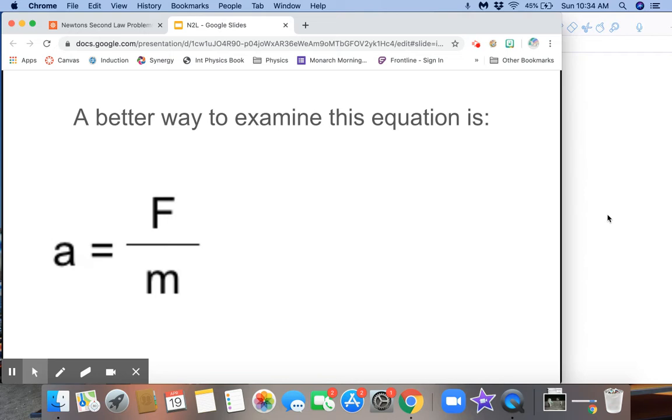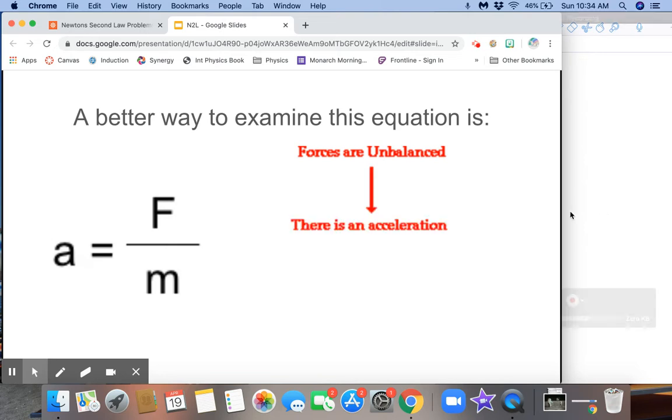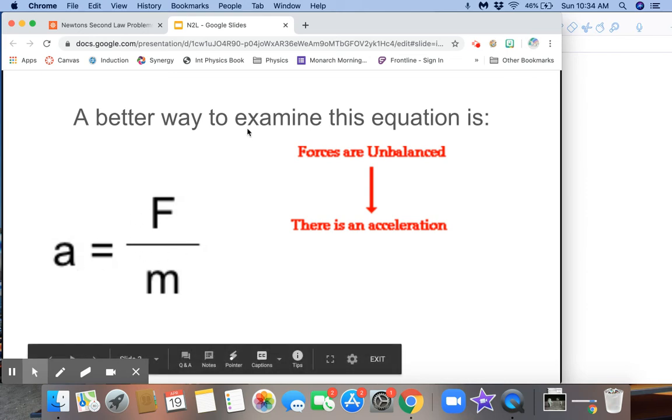With Newton's first law, we had balanced forces on the object. Either the object stayed in motion or it stayed at rest. Now here we have unbalanced forces. When the forces are unbalanced, we have an acceleration. So this is where this equation comes in.